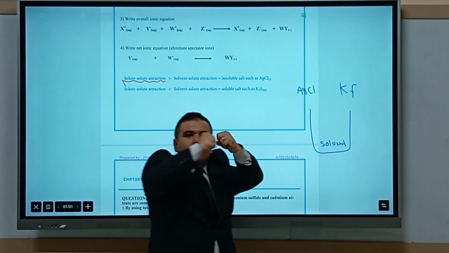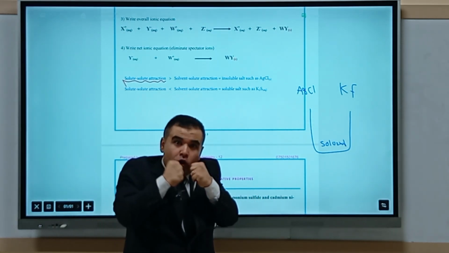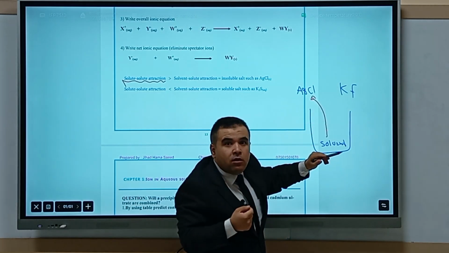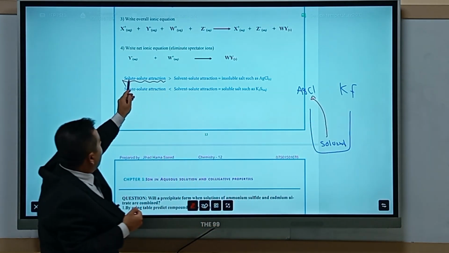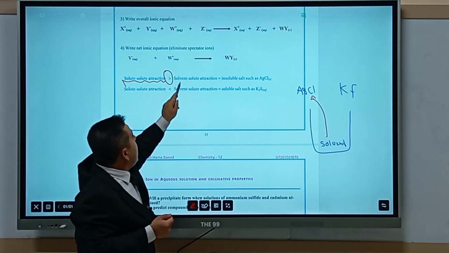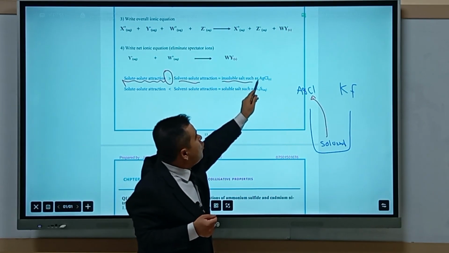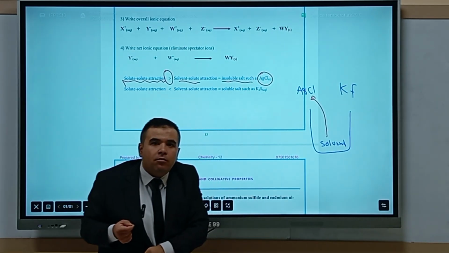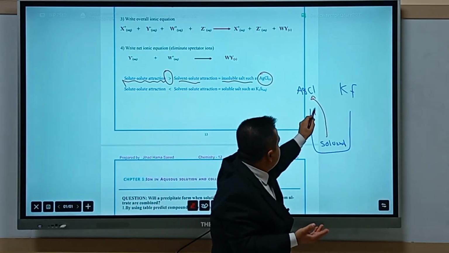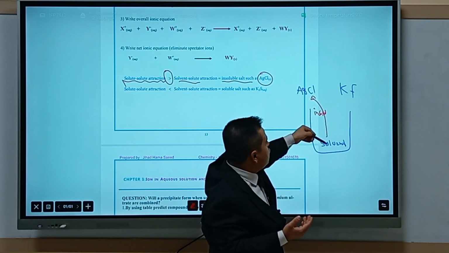If the attraction between two ions is stronger than the attraction of the solvent to those ions, if the attraction between solute-solute is higher than the attraction between solvent-solute, the result is an insoluble salt like AgCl. So here it is insoluble. Why? Because the attraction between solute-solute is higher than solute-solvent.